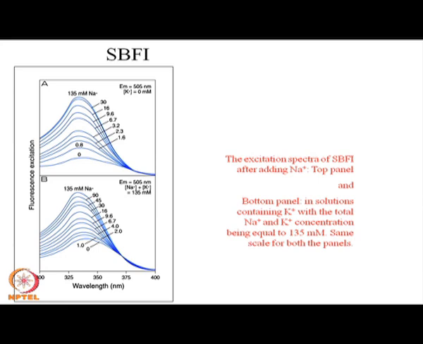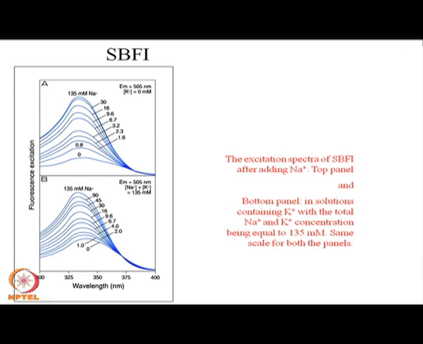That means, if it is a case of 0 millimolar sodium, then you will have 135 millimolar potassium, and here it is 130 millimolar sodium, meaning there is no potassium, and you see the spectra are very close to each other. So this particular system has a huge selectivity for sodium ion.